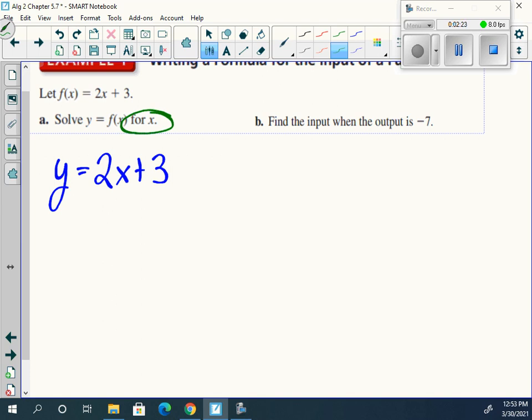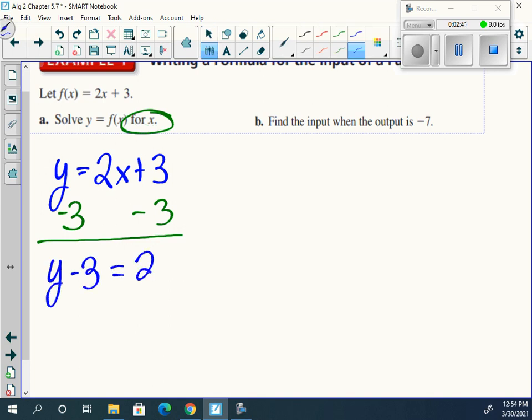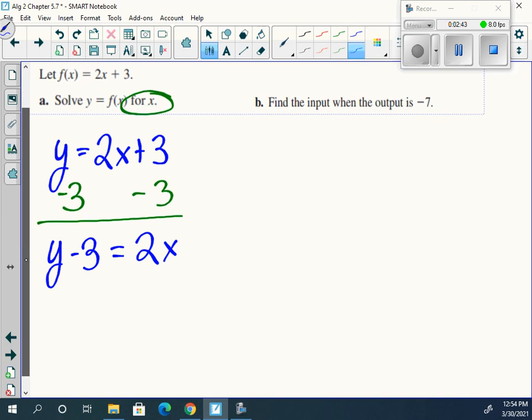So what would be the first thing we need to do in getting x by itself? Subtract 3 from both sides. And when we subtract 3 from both sides, we get y minus 3 is equal to 2x.